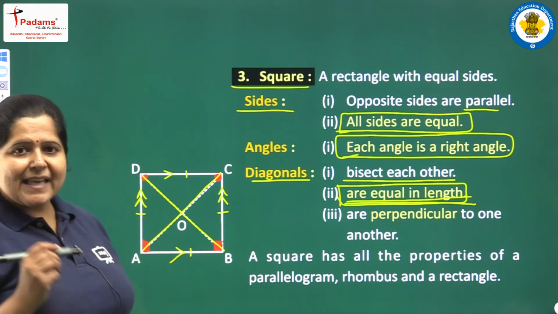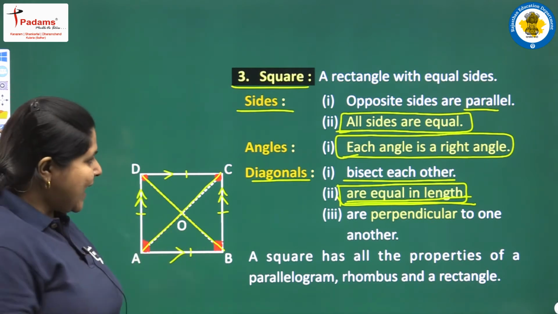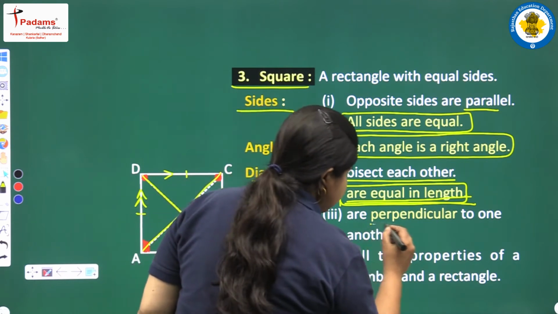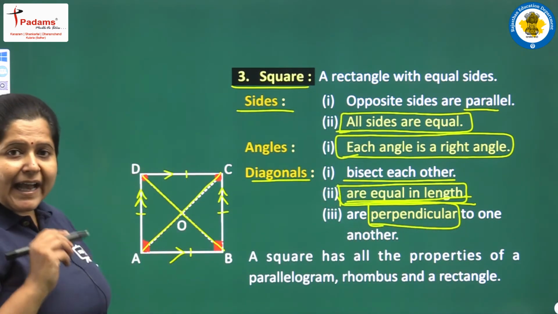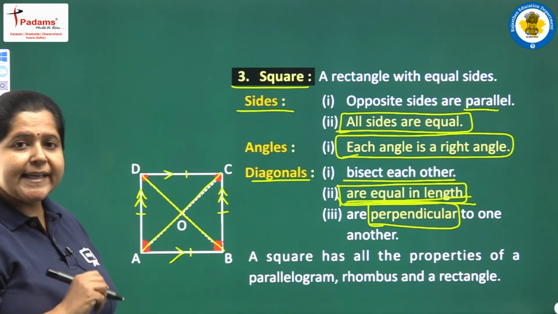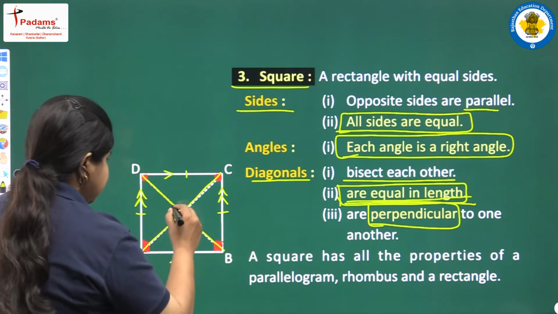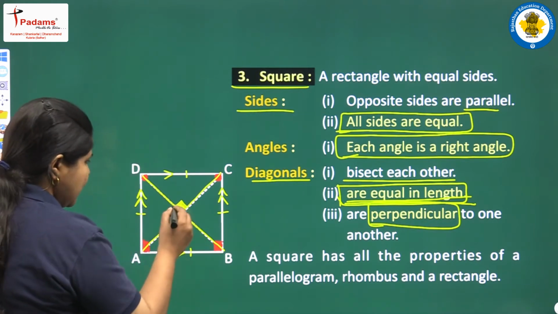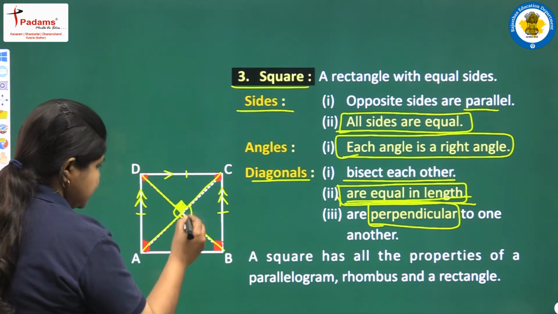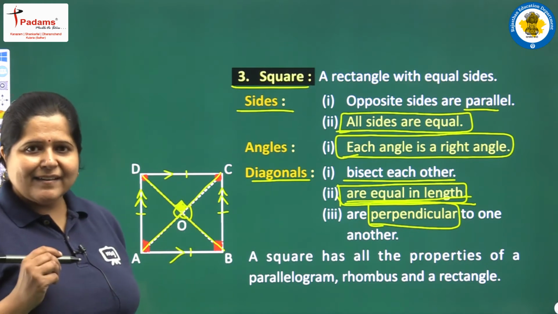These two diagonals are equal in length and they are perpendicular to one another. Again, this means that the angle formed at the point of intersection of the diagonals is 90 degree. Clearly this angle is 90 degree, and so accordingly the remaining three angles are also of 90 degree each.